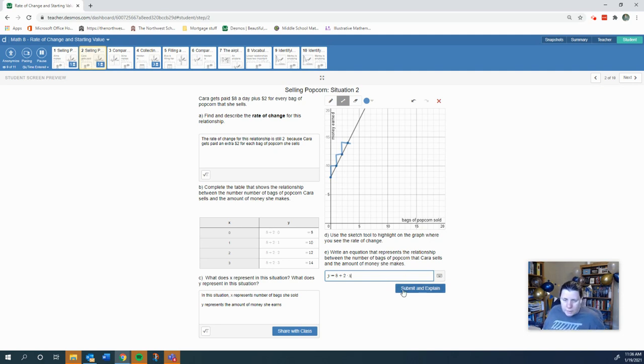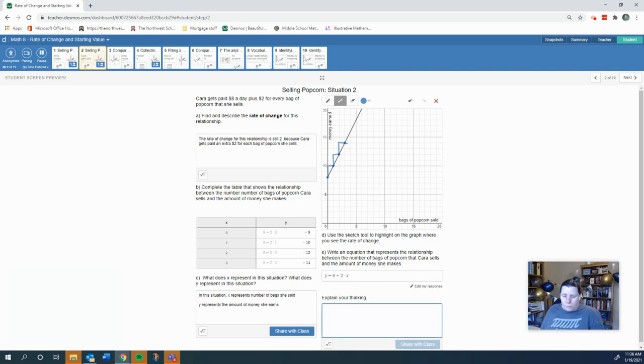You could write it like this: y equals 8 plus 2x. You could also write it y equals 2x plus 8. Either way, she earns $8 just for showing up, plus $2 for each bag she sells.